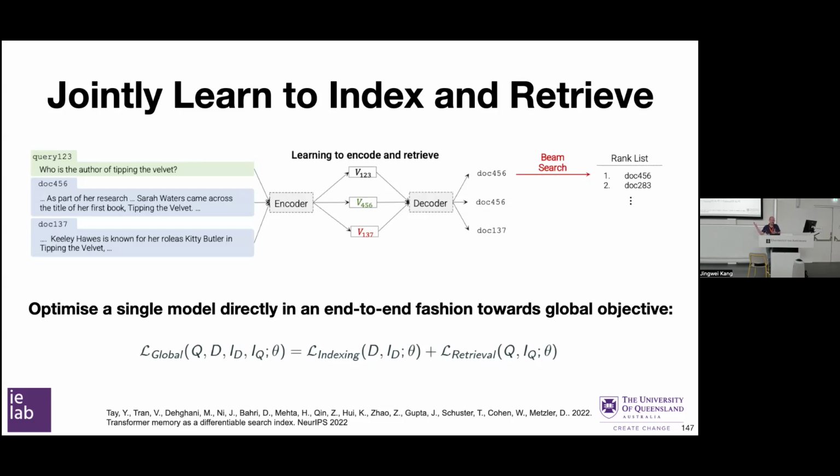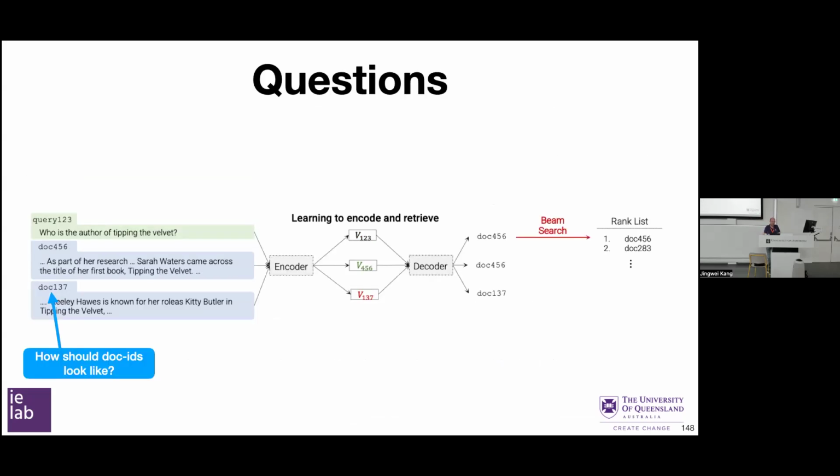The model takes documents at indexing time and changes the model weights. Then at retrieval time, it takes the query and outputs document IDs, the same document IDs that you pass together with the text at indexing time.